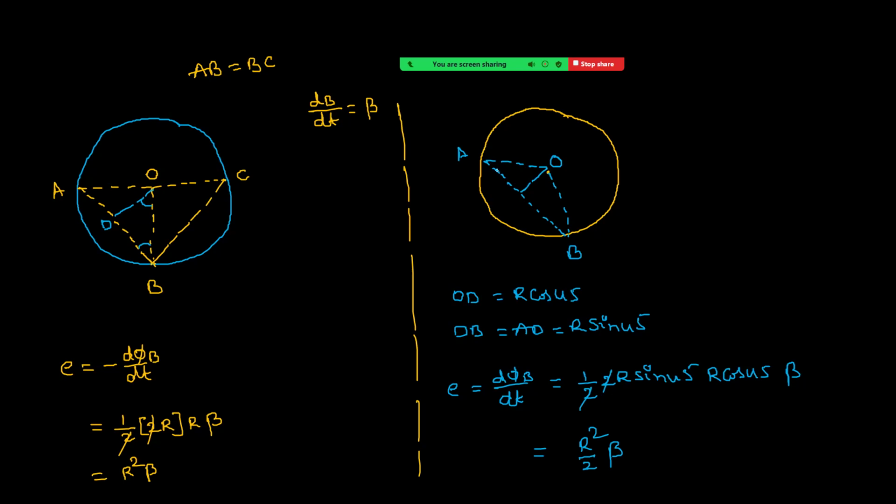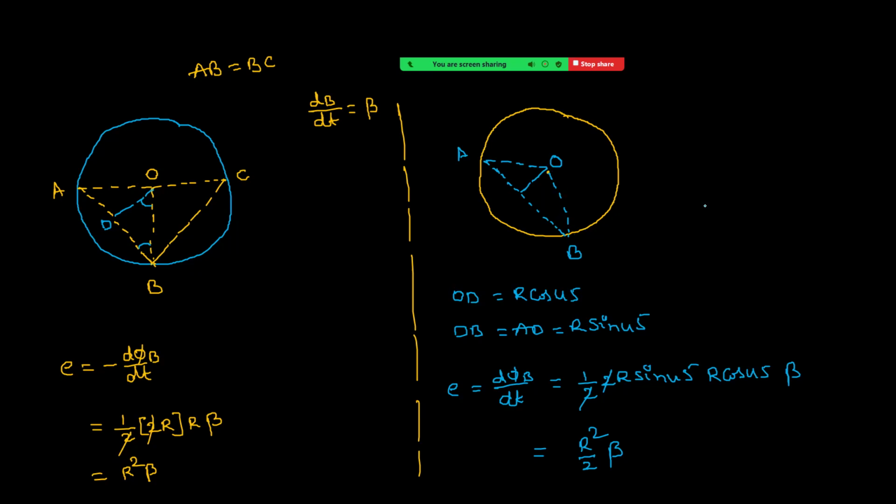In the earlier question, I discussed that if you have any rod along the radial direction, no EMF is induced, because the electric field lines are concentric circles. The direction of the electric field at any point on OA is normal to OA. The same is true for OB.